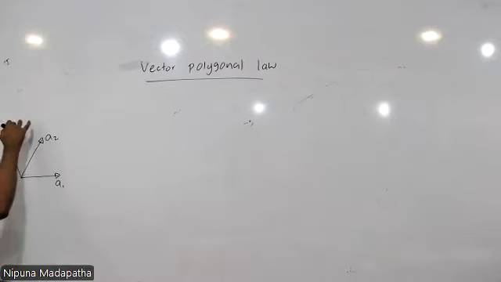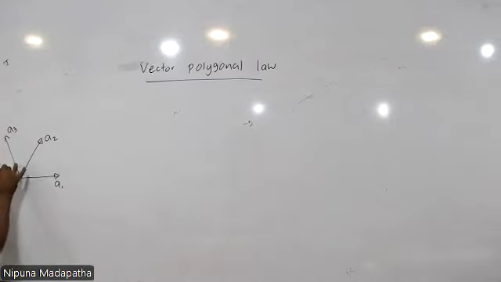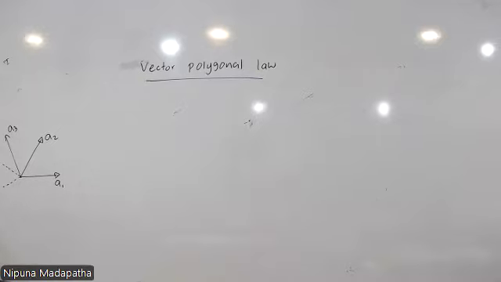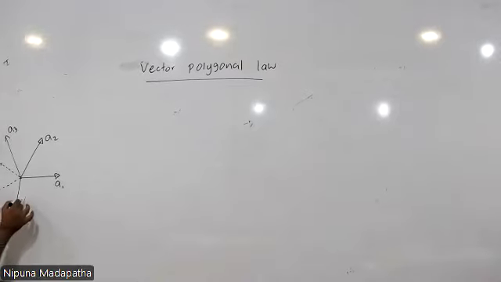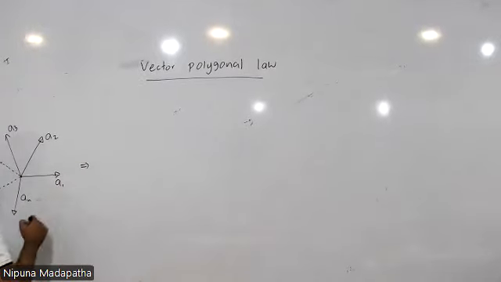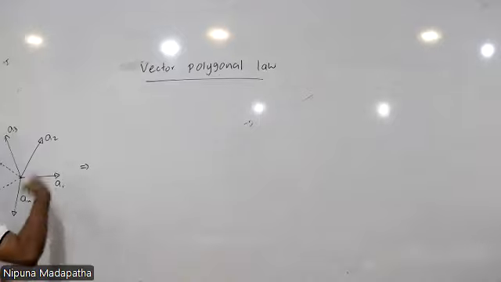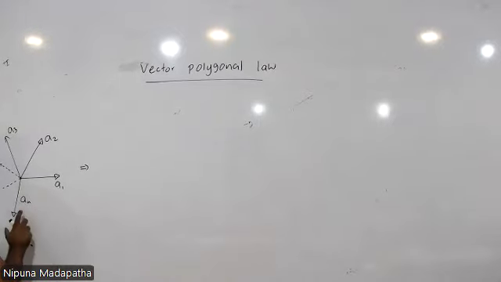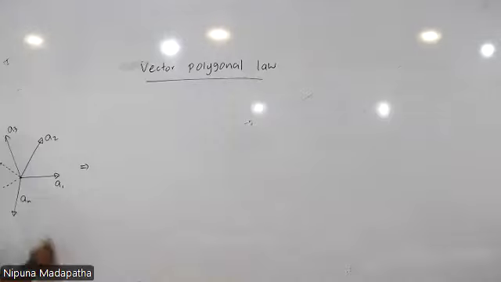So in order to add several vectors, more than two, you draw a polygon, representing these vectors by the sides of the polygon in their magnitude and direction. Then the closing side of the polygon taken in opposite order represents the resultant of these n vectors.